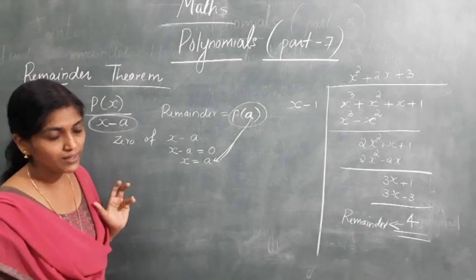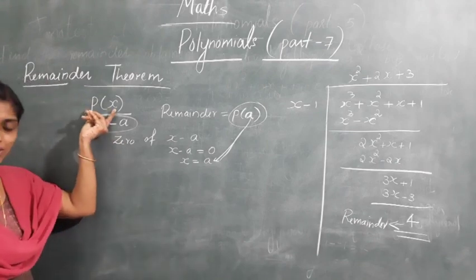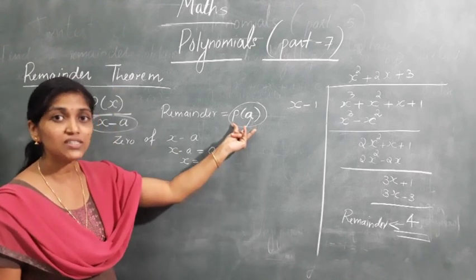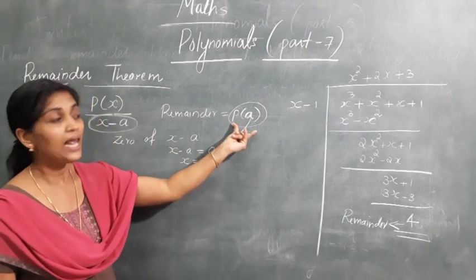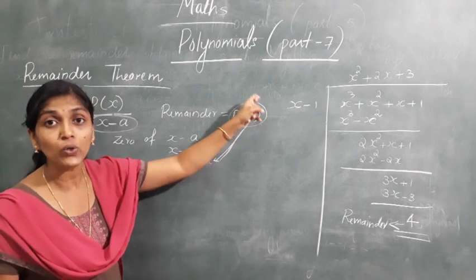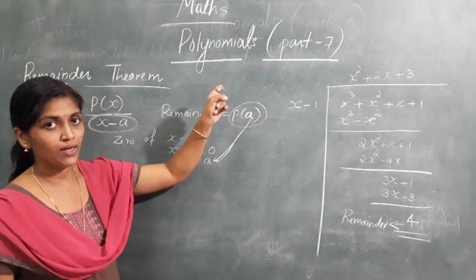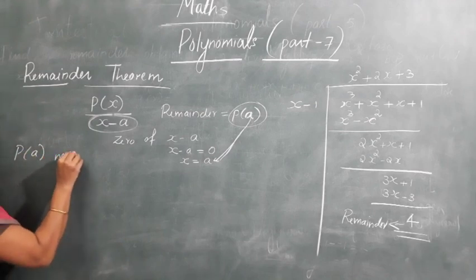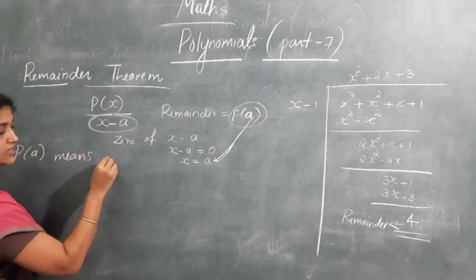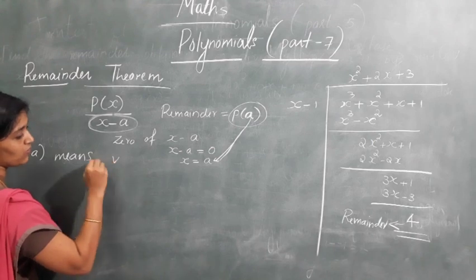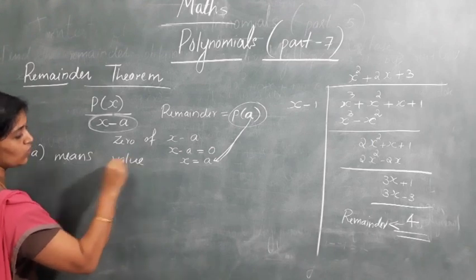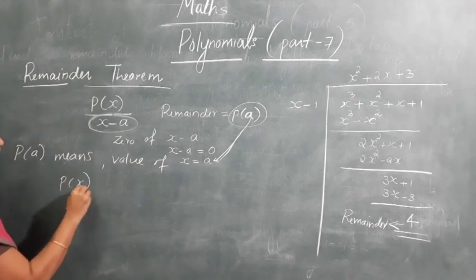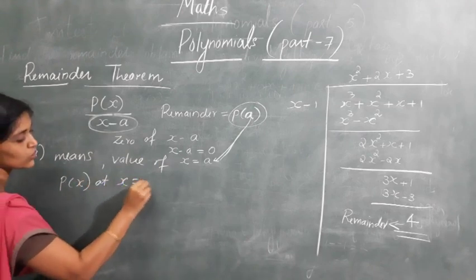We studied that if p of x is a polynomial, p of a means it is the value of the polynomial at x is equal to a. Okay, p of a, what is it? It is the value of p of x at x is equal to a.